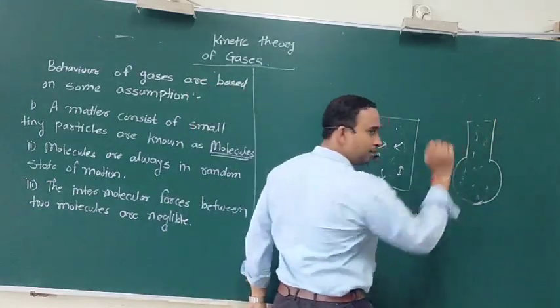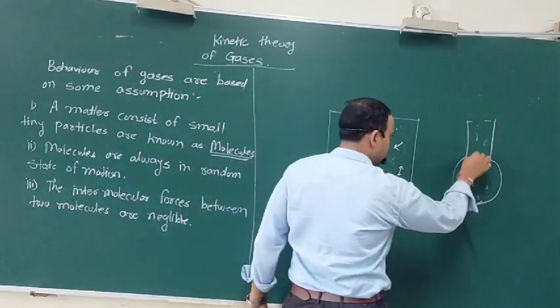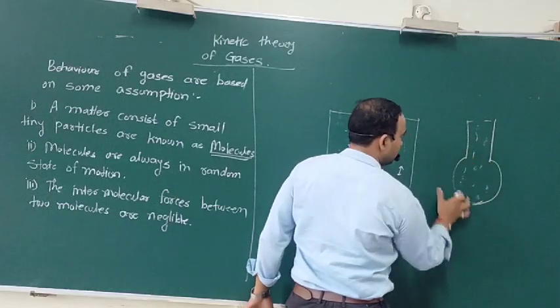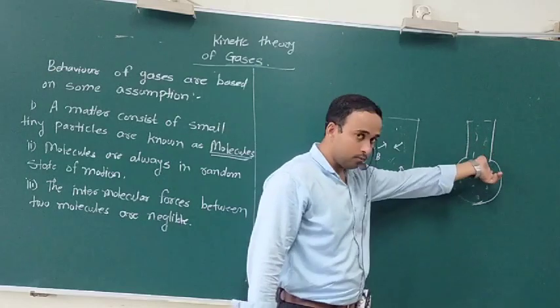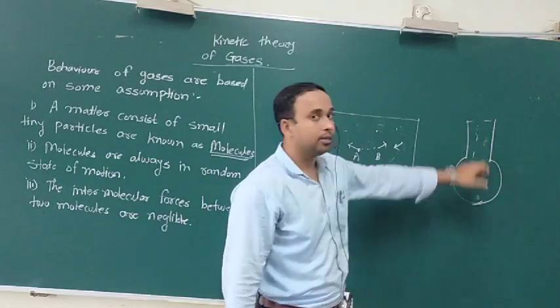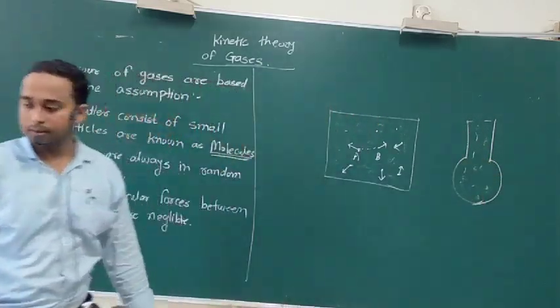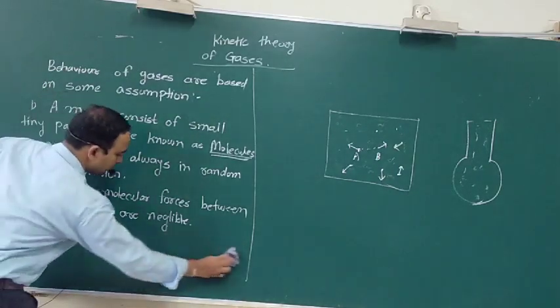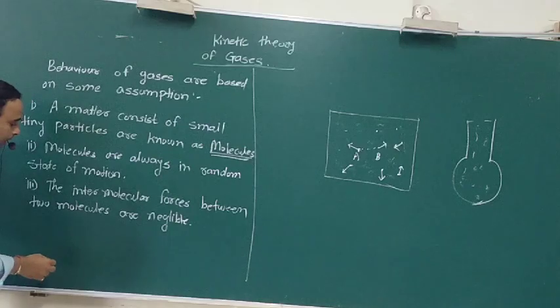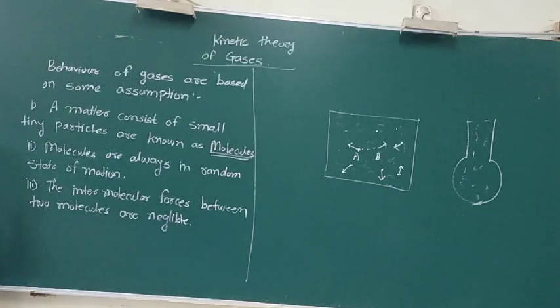If the same gas is inserted in a different vessel, then that gas occupies the shape of the given vessel and also occupies the volume of the given vessel. That means gases do not have a definite shape and volume.